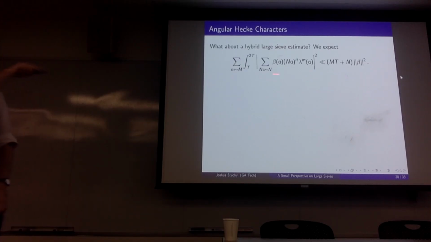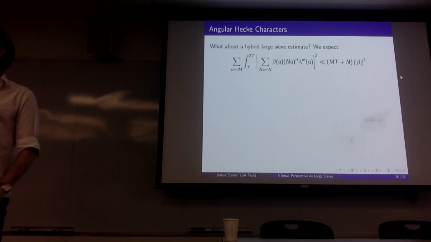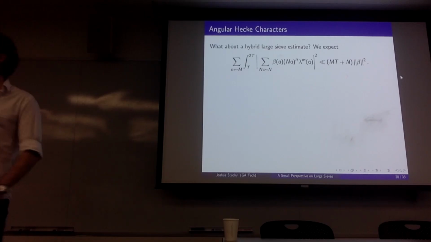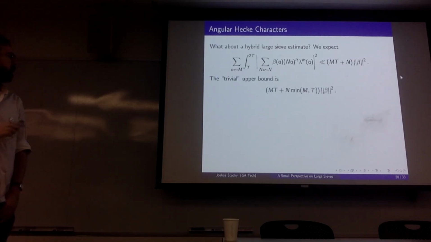So maybe I want some sort of hybrid large sieve estimate like this, and hopefully it's clear that this is the thing I would expect on the right side. I have the number of harmonics here. Maybe I can turn this into a discrete sum at some small cost, whatever. In any case, I have about MT harmonics. The trivial upper bound, if I apply one of the large sieves from the previous page and then estimate the other sum trivially, is this bound I get.